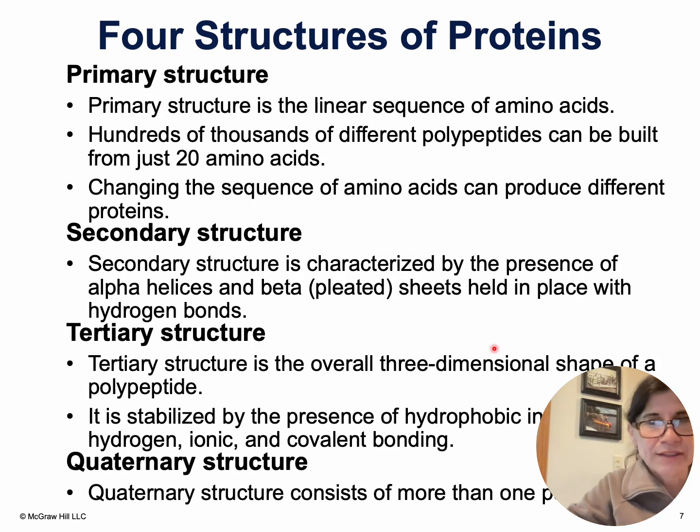This is what I just said in a little more detail. Primary structure is the linear sequence of amino acids, just the chain. Hundreds of thousands of different polypeptides can be built from just the 20 amino acids, because each polypeptide can have a different number of amino acids in a different order. Changing the sequence of the amino acids can produce different proteins.